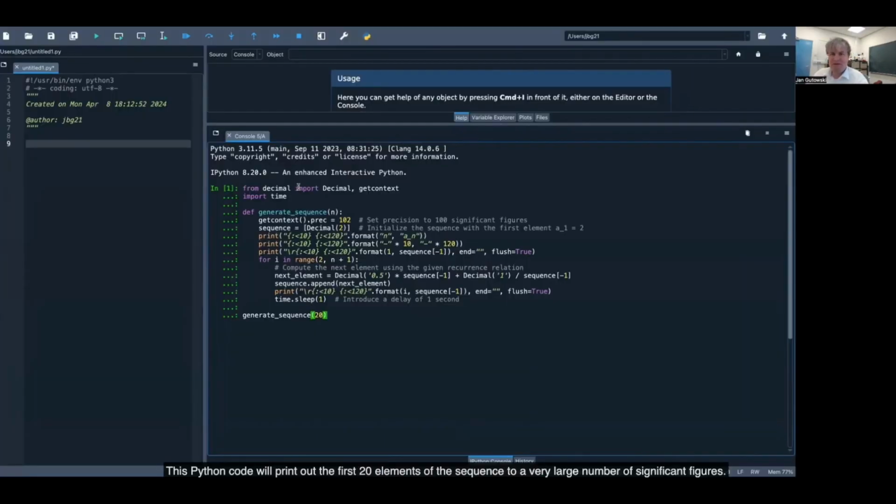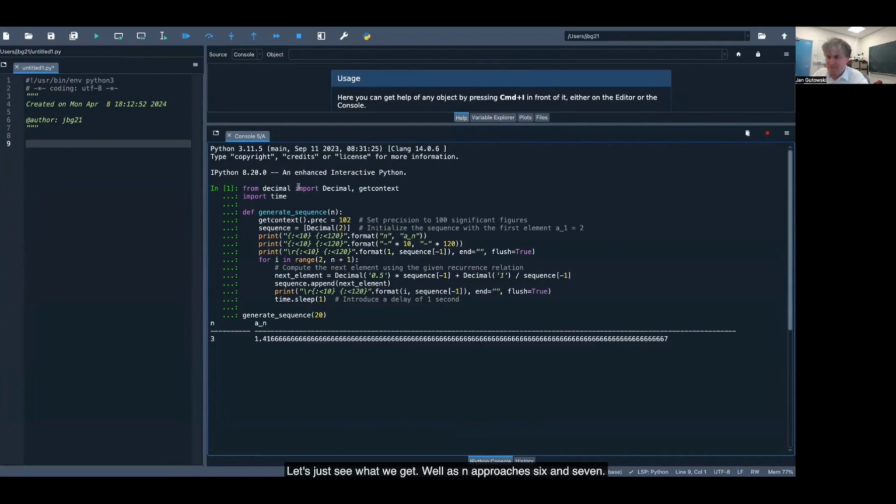Right, so this Python code will print out the first 20 elements of the sequence to a very large number of significant figures. Let's just see what we get. Well, at n equals 6 and 7, it's starting to settle down quite quickly. And by n equals 10, it's not really changing at all to the first 100 significant figures.